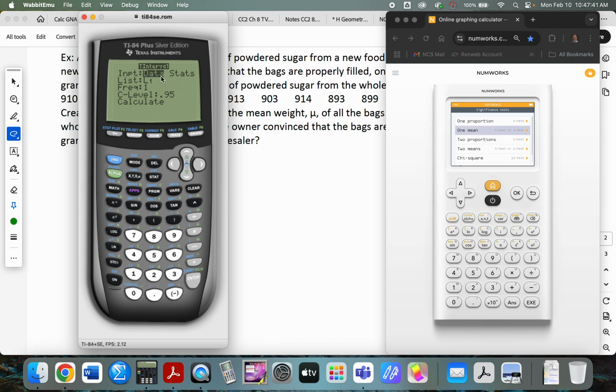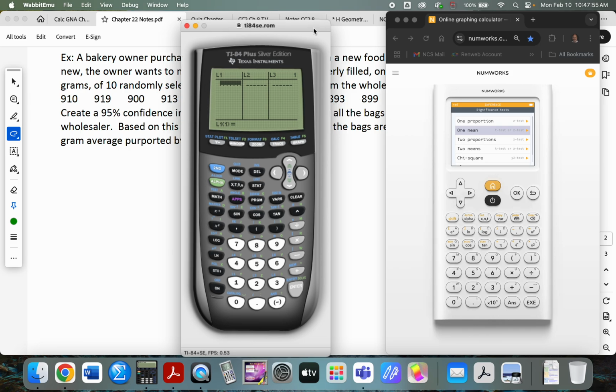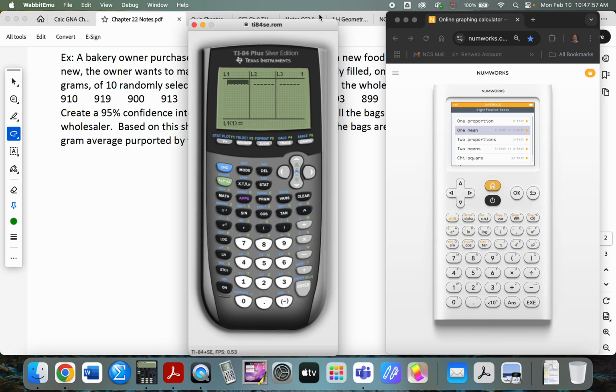It's easier just to leave it in data and tell it all these things. But before I do that, I need to go to L1. So I'm going to quit out of this, and then I'm going to enter all of this data. So 910, 919, 900, 913.